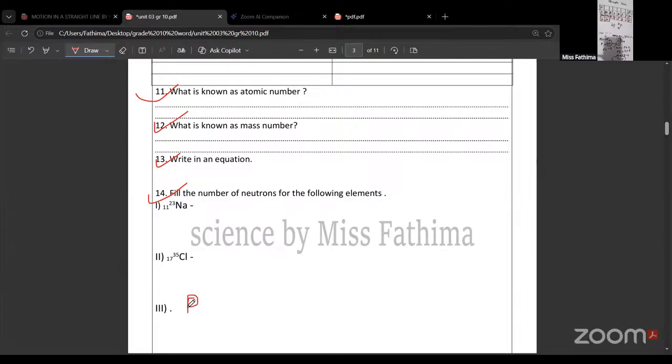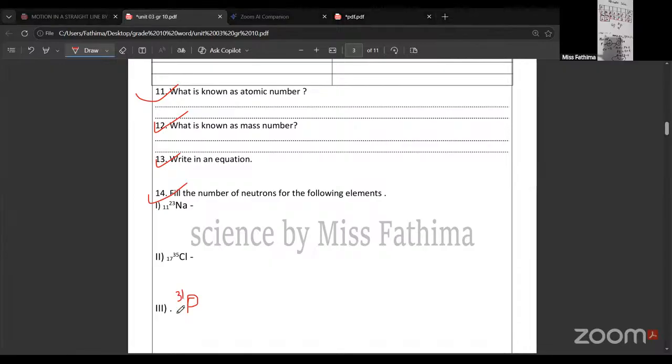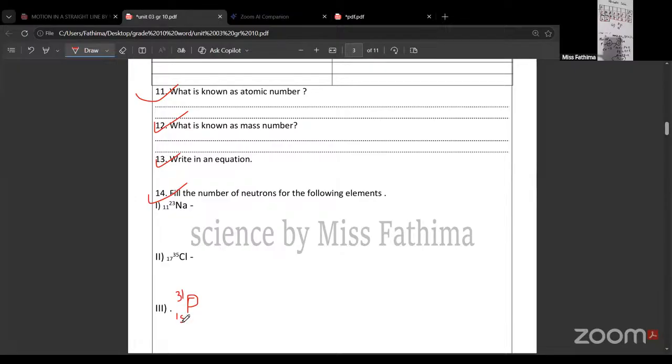Phosphorus, 31 is the mass number of phosphorus and 15 is the atomic number, right? So this question is supposed to be added. Add this and do it. And once you are done with the question, let me know, children. I'll discuss.